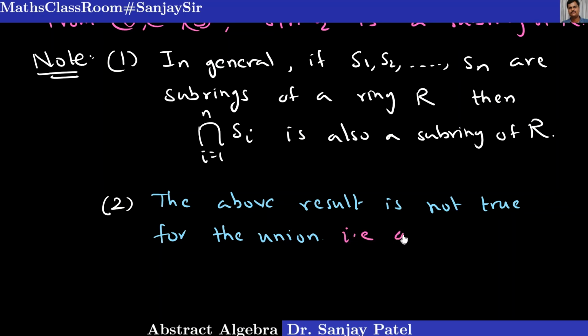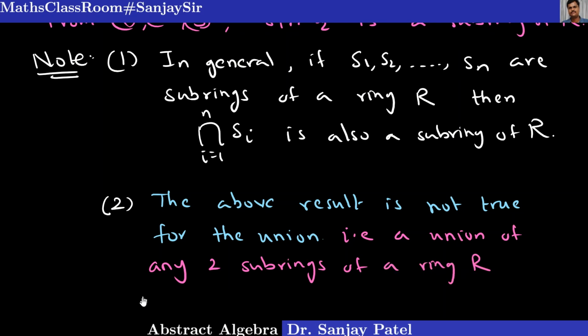That is, a union of any two subrings of a ring R need not be a subring. Okay, union of any two subrings need not be a subring.